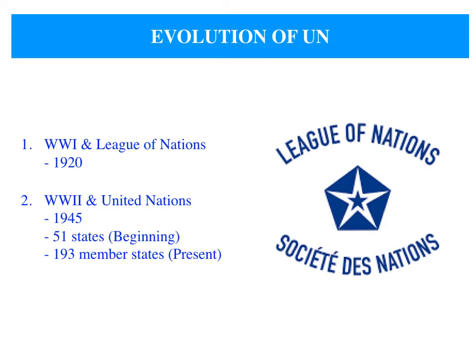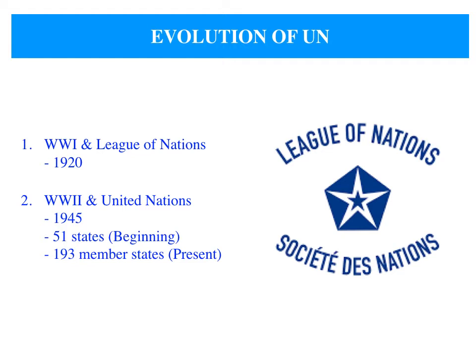However, it failed, and we know that the Second World War happened, which led to further devastation of the whole world. With these two wars, the countries learned a very good lesson that in order to prevent further devastation and to build their nations, the only way is through cooperation, which we have already studied in our first chapter.